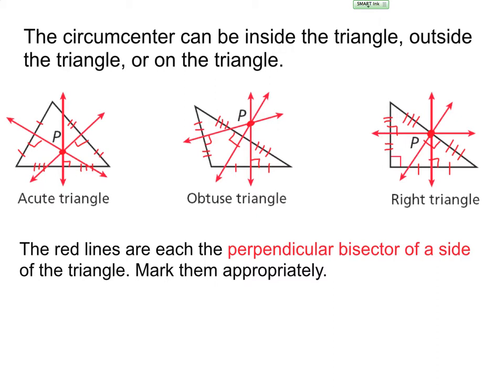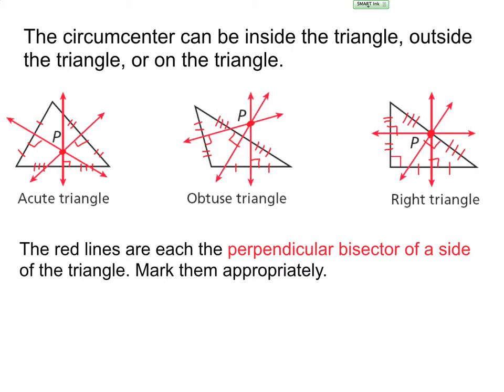Put the point right there, and open your compass to one of the corners, like point C, but it should also hit point B and point A. It should be the same distance to all of those corners.